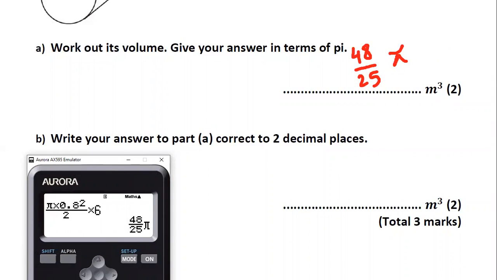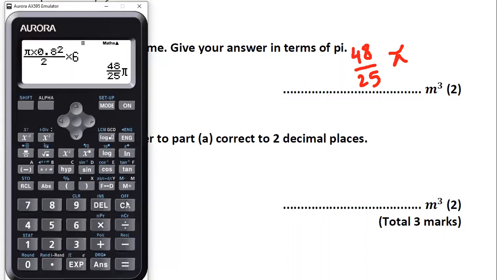So moving to the next part of the question, it says write your answer to part A correct to 2 decimal places. So I would actually press F to D button. Generally, some of the calculators also say S to D. So first of all, let me write down all of the calculator displays.